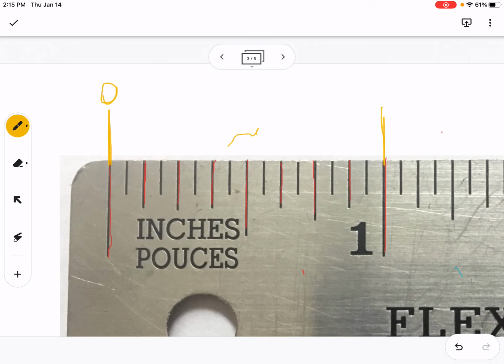Here's the end of one whole inch. And now let's bundle those 2 eighths together and call this piece number 1. Let's bundle those 2 eighths together as piece number 2. Bundle those two 8ths together, call that piece number 3. Bundle those together, call that piece number 4.